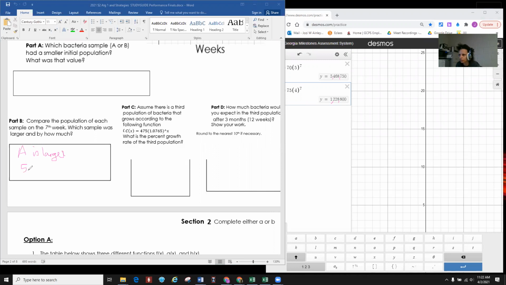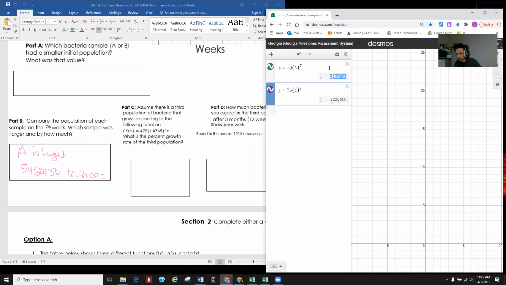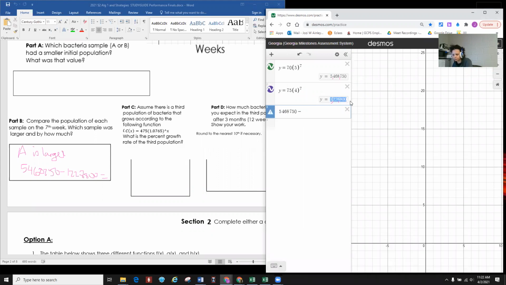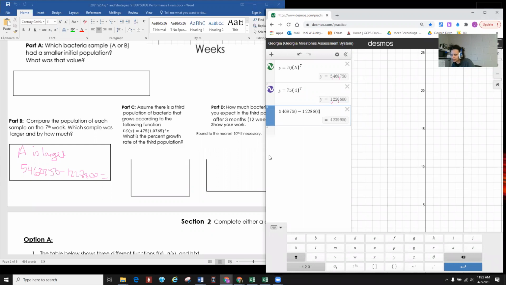I would do 5.4 million minus the other number. Can I just copy and paste this number? It doesn't do it exact. That number minus this number is 4239950. So by 4.2 million roughly.